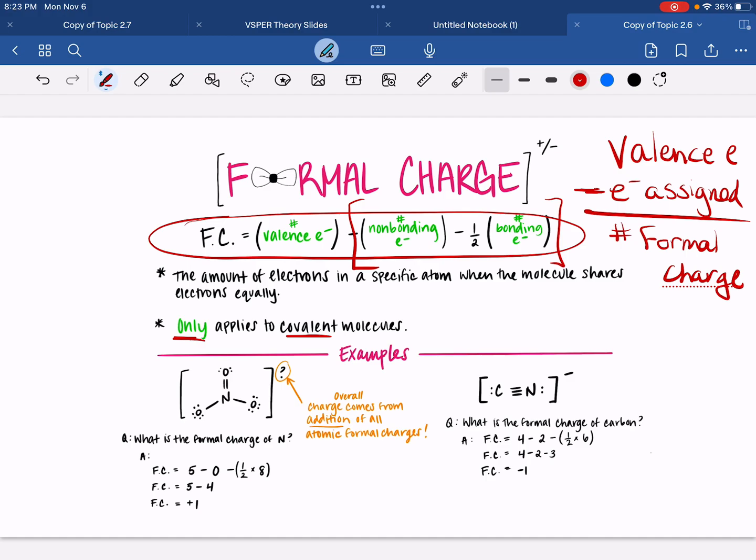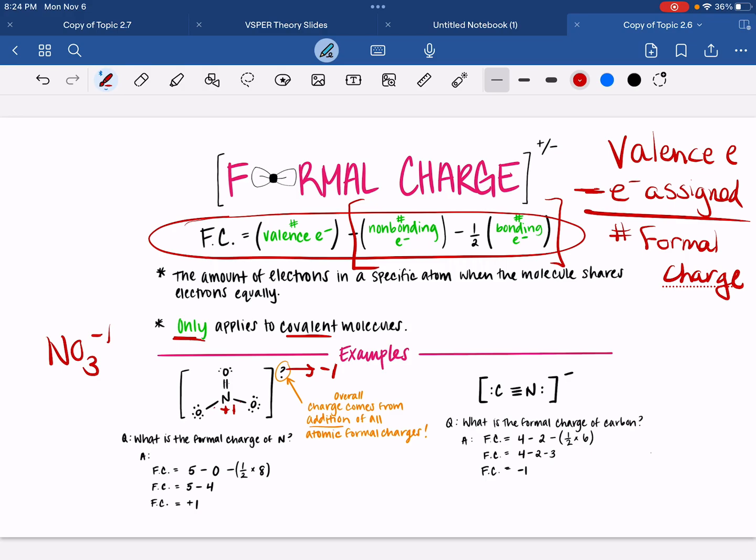Its bonding electrons are 2, 4, 6, 8, so half of 8 is 4. So 5 minus 4, and the formal charge on this nitrogen is +1. We know a nitrate ion has a -1 charge, and that is because of the oxygens.